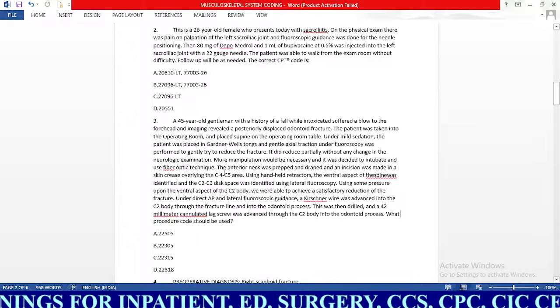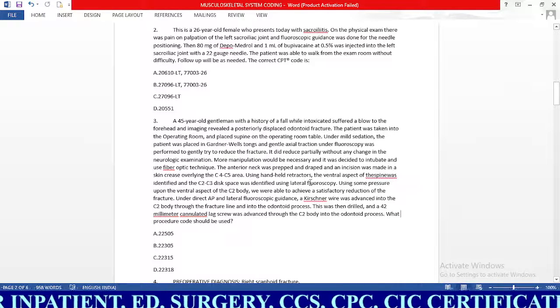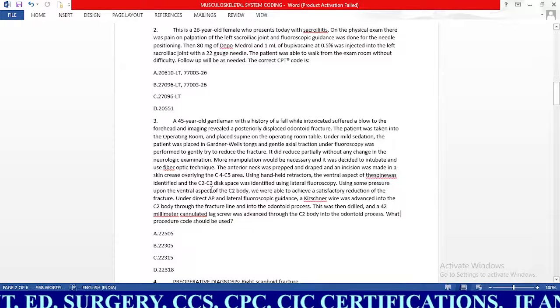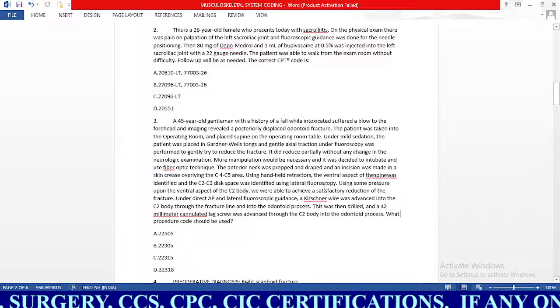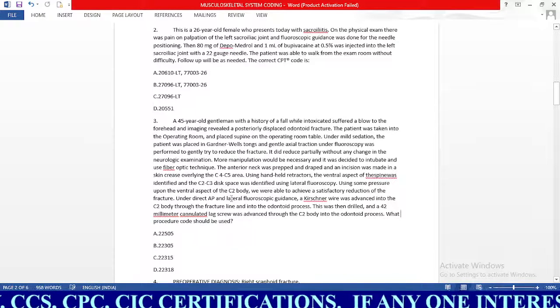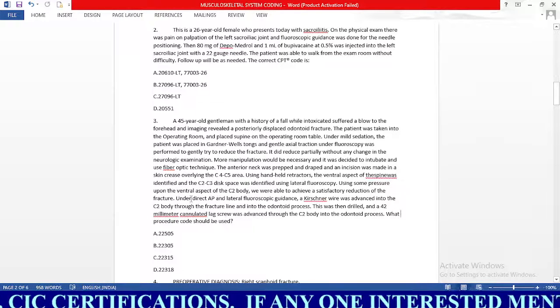The skin crease overlies the C4 to C5 area. Using handheld retractors, the ventral aspect of the spine was identified, and the C2-C3 disc space was identified using lateral fluoroscopy. Using some pressure upon the ventral aspect of the C2 body, we were able to achieve satisfactory reduction of the fracture.